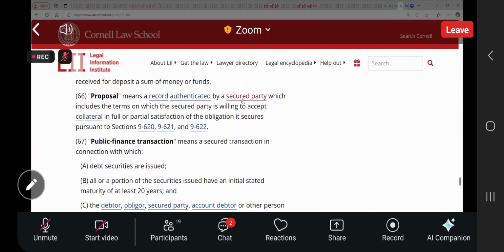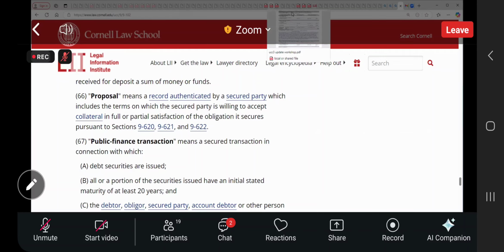A secured party. Ain't you the secured party in the UCC? Of course. You want to make a proposal. Include the terms on which the secured party is willing to accept the collateral. Don't you want to accept for value or accept the collateral in full or partial satisfaction of the obligation it secures pursuant to 9-620, 621, and 622? Yeah.